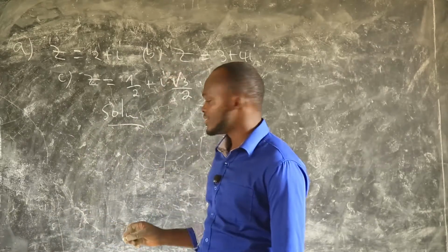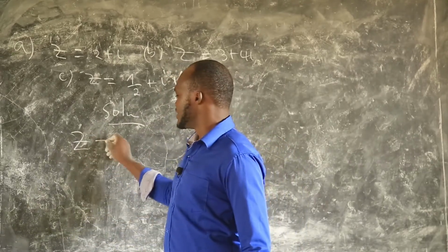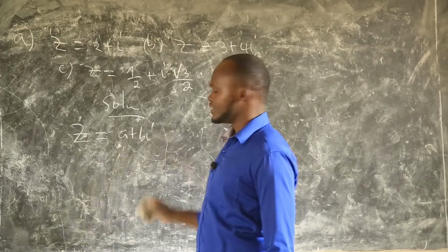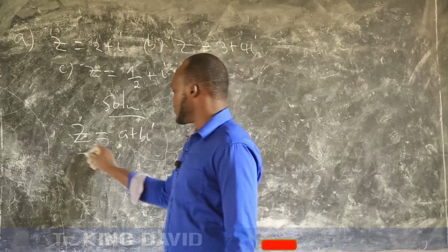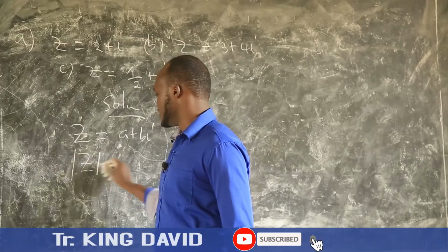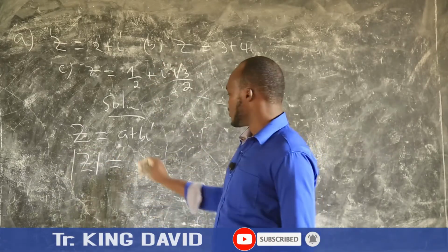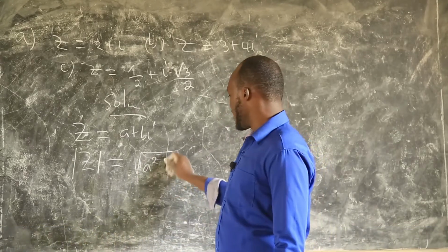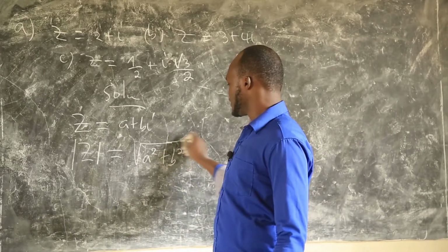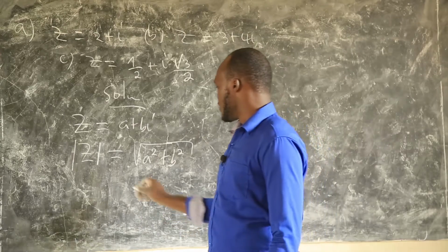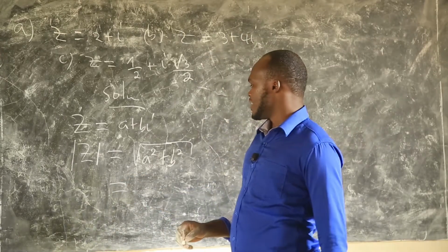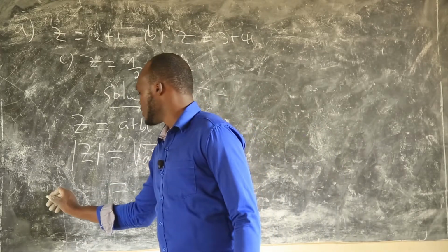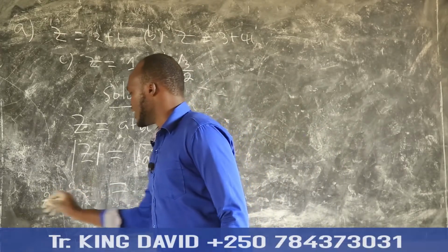We have seen that when you have z equal to a plus bi, the modulus of z is square root of a squared plus b squared. So what is the modulus of 2 plus i?